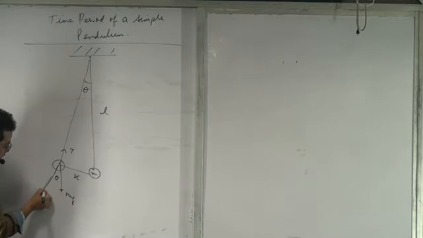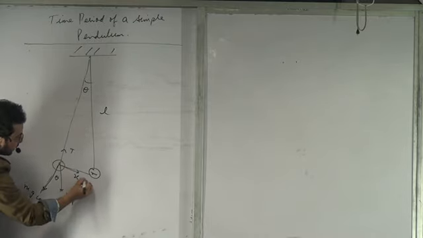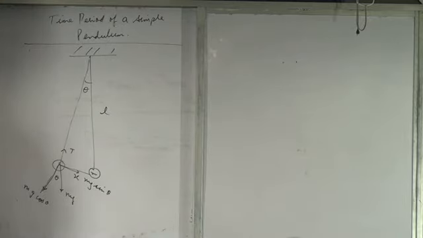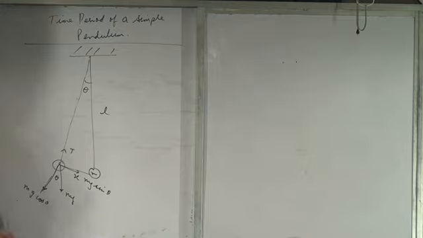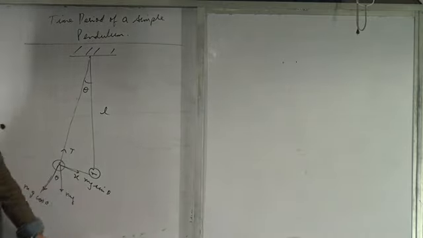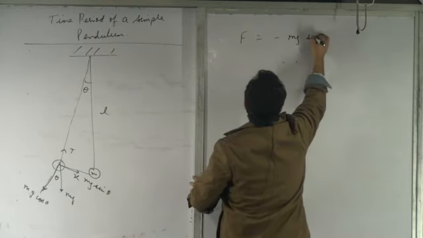So this would be mg cos theta and this would be mg sin theta. Is that clear? So what is the net restoring force? The net restoring force is mg sin theta.